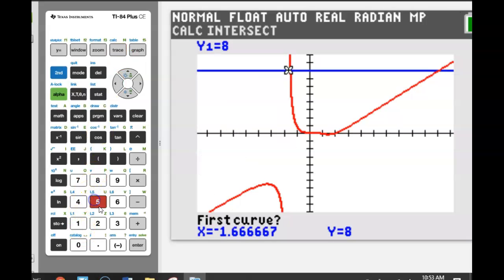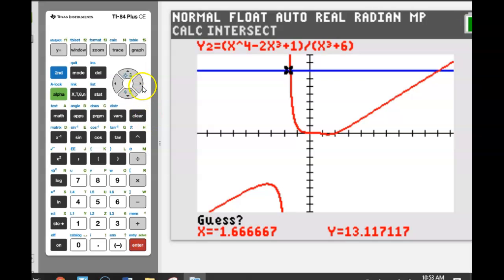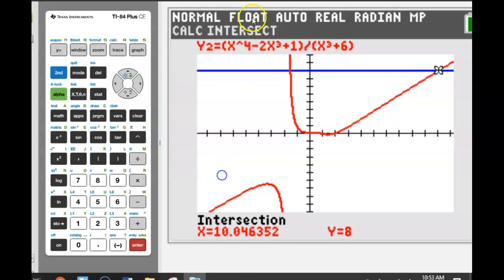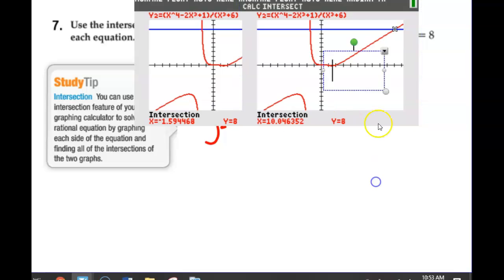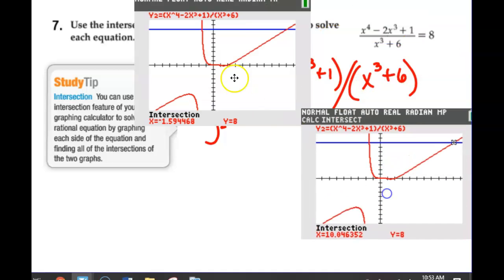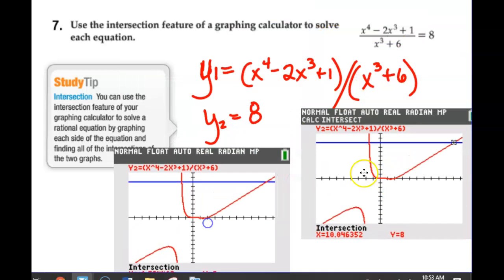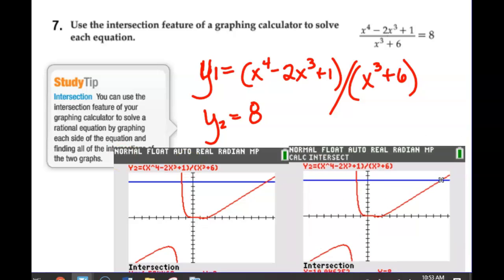Calculate the other intersection. Enter, but then I need to scroll over towards the other for my guess. And when it says intersection, that's the other one I should be writing down. What's happening here? Okay. So I got 2 answers.